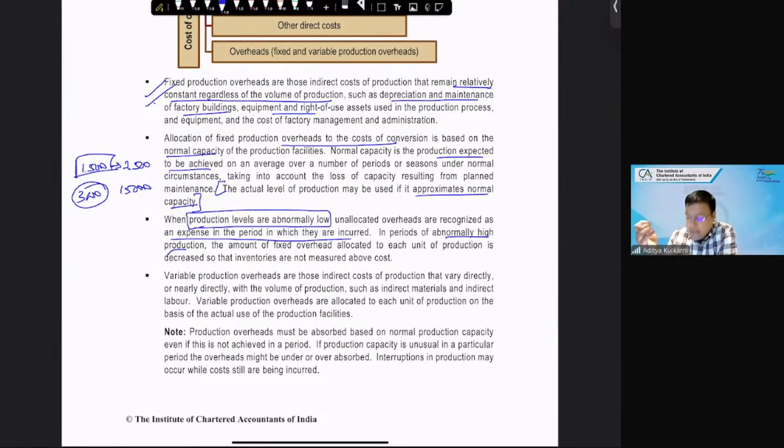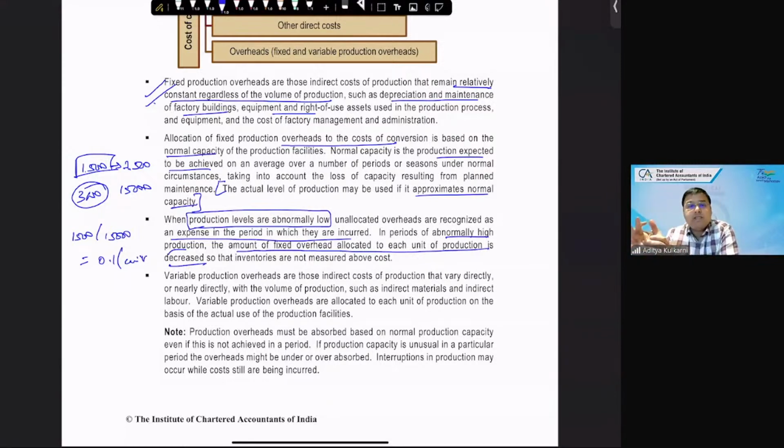So what the standard tells is when you have abnormally high production levels, then you will revise the fixed overheads allocated to each unit of production. So you will now change the absorption rate to 1,500 divided by 15,000, 0.1 per unit.